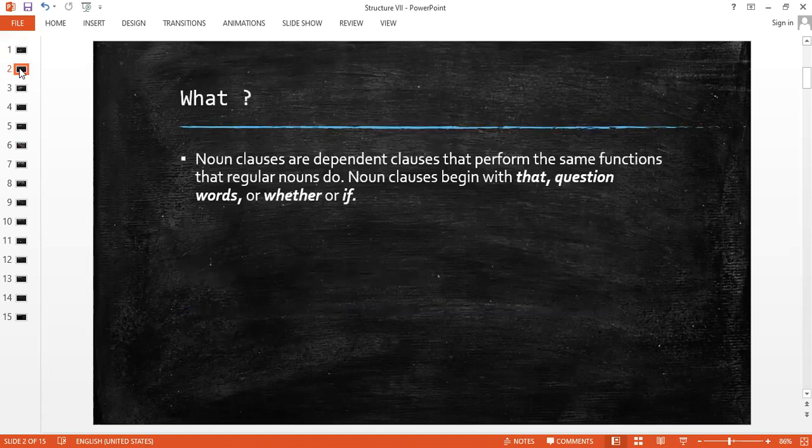Noun clauses are dependent clauses that perform the same functions that regular nouns do.